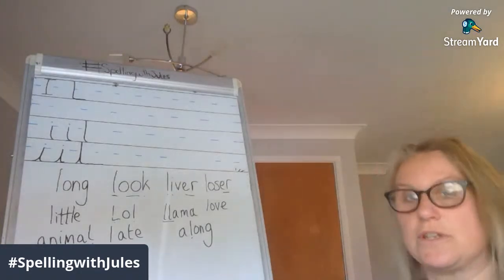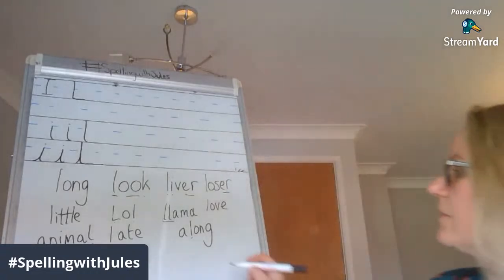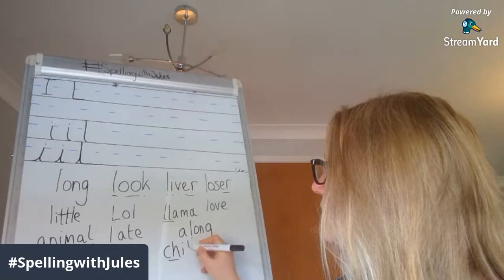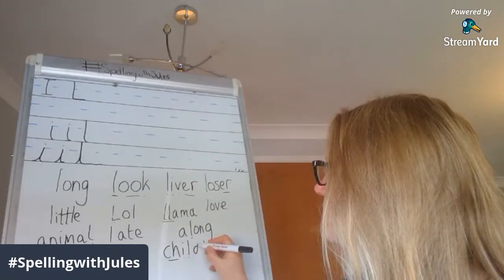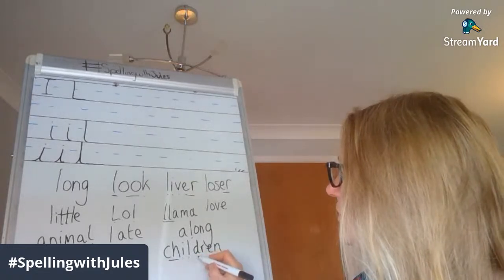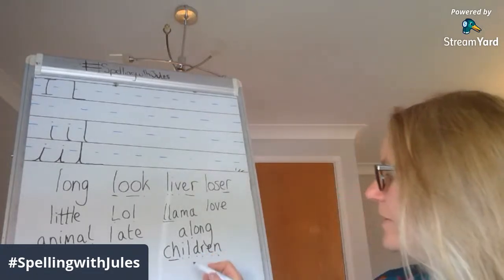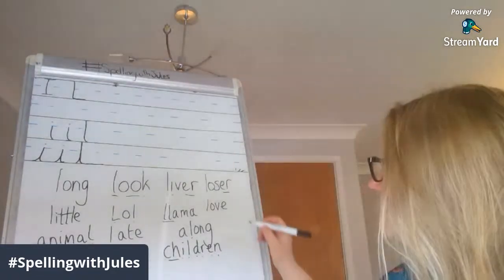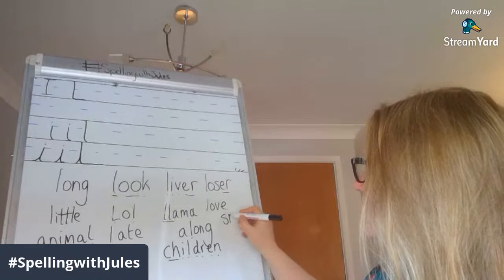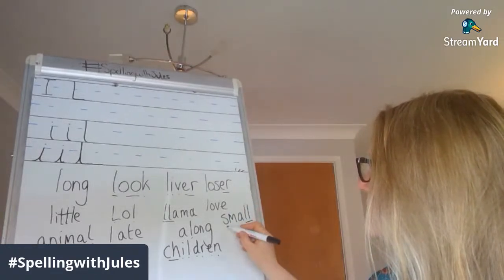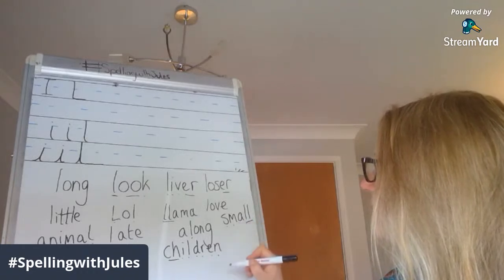Okay, then we've also got, I'll fit another one down here, children. So you've got ch, all, as your all, n. Children. And there's that all there. Peeling, that's good. Oh, small as well, yes. Small, it's got the double L, which we're going to look at in a minute. All.